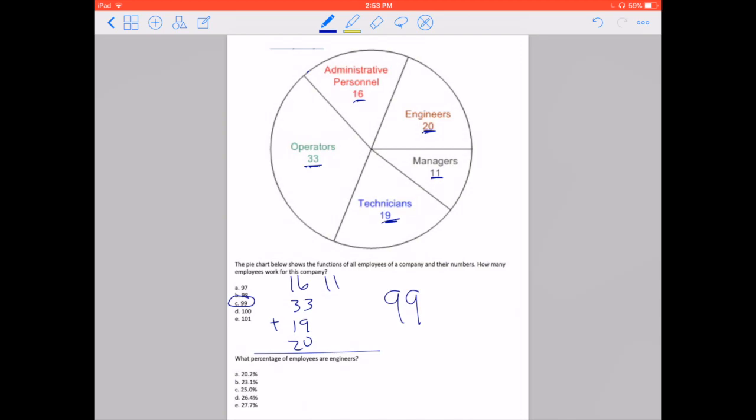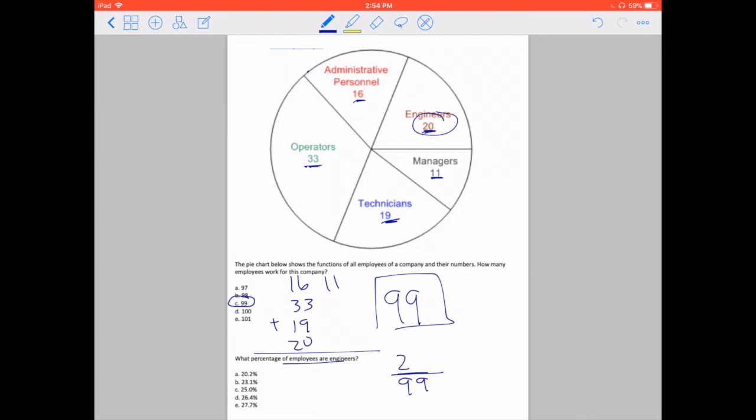What percentage of these employees are engineers? If we think back to some of the things we've done with percentages and fractions and decimals, we have a part over the whole. We've already determined that the whole is 99. So the whole, which is our denominator, is 99, and the number of employees that are engineers is 20.